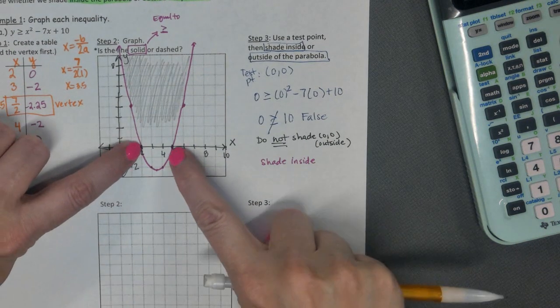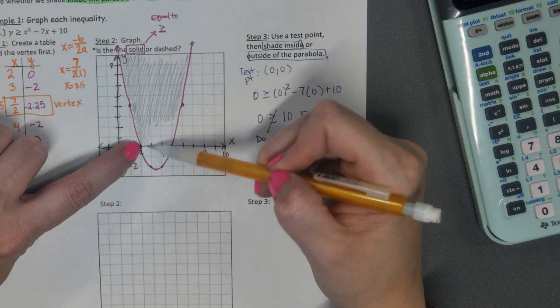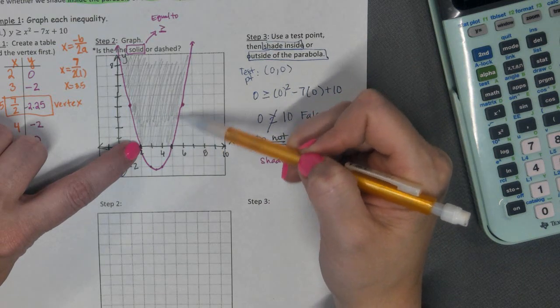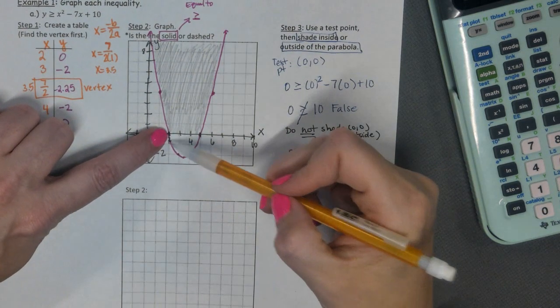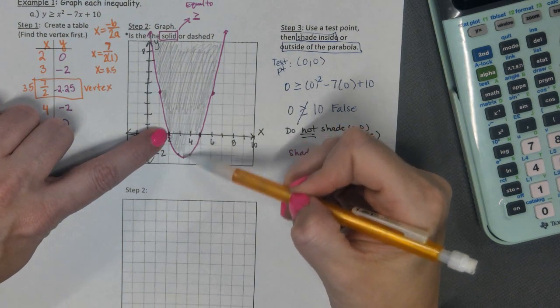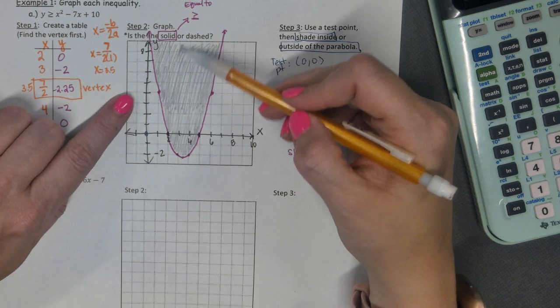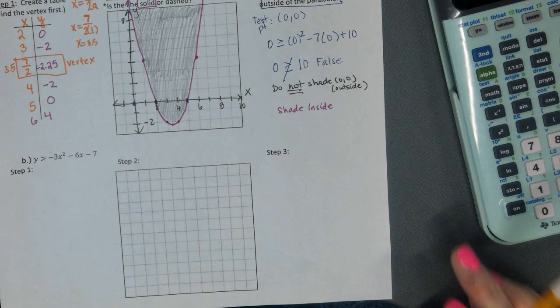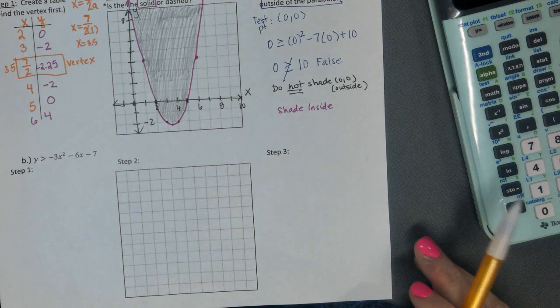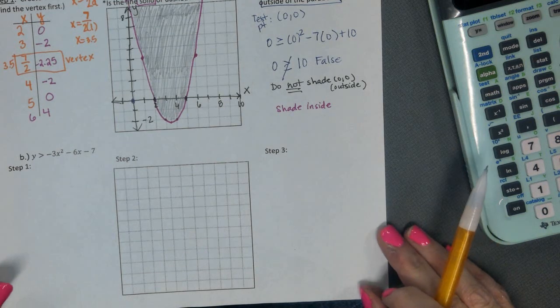If I stop my graph here, do you see how you'd be missing all of these that are above the x-axis? You'd be missing all of those. You have to shade in everything here. Everything inside. Okay, so 0, 0 is outside, so we're going to shade inside the parabola.